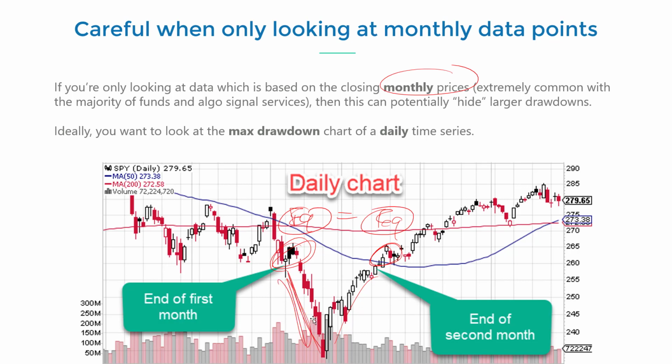Whereas in reality, you may have gone through a massive drawdown over here, much, much larger than what you'd be expecting. And when you're watching this and it's a live portfolio, and you may be checking your actual equity on a daily basis, which is not a good idea, by the way, but let's say that's the case, then you just have no idea, because you came into this thinking that there would be no drawdown, and suddenly, just because they're using monthly prices, that can hide all of the intra-month movements, including hiding the ugly stuff.